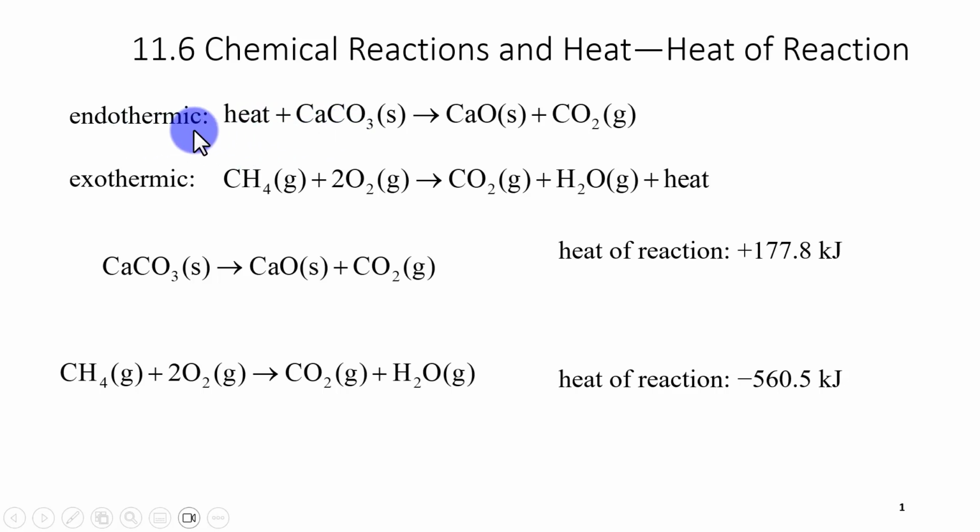So an endothermic reaction grabs heat from outside, from its surroundings, and it needs that heat to be able to proceed. An example of this would be those ice packs that are used for tight muscles, or when you have pain in your back or something.